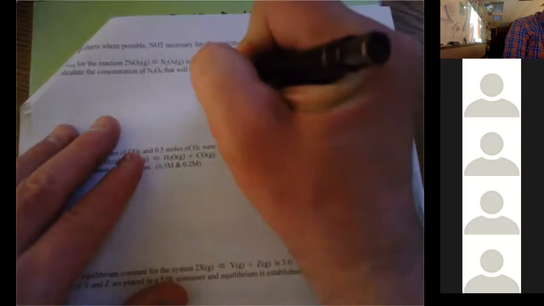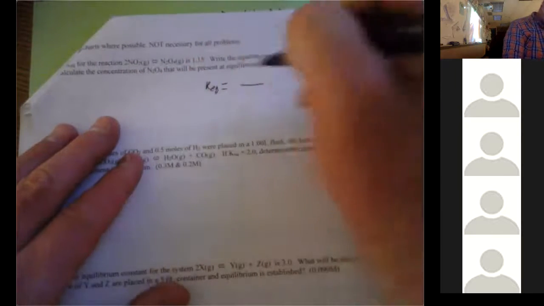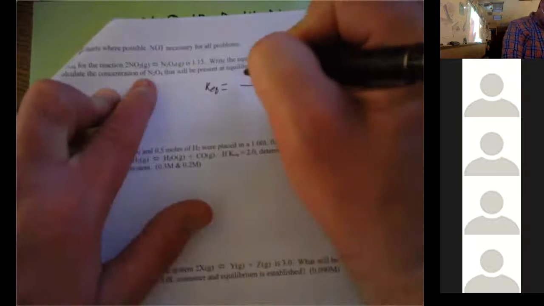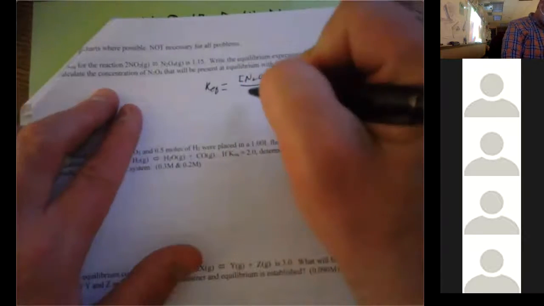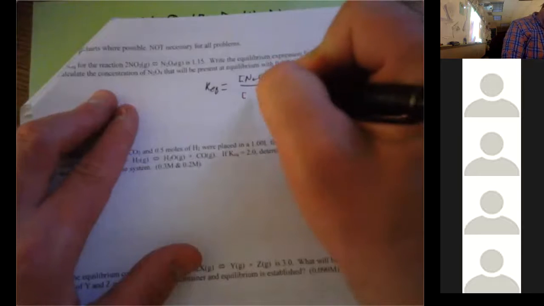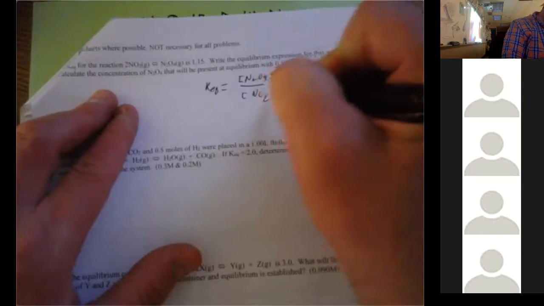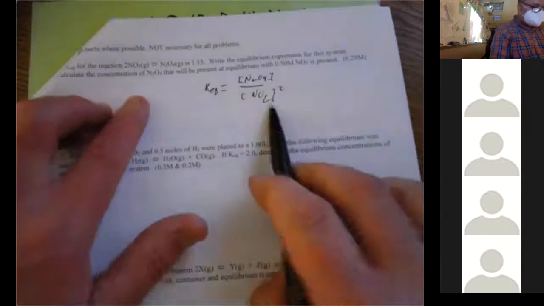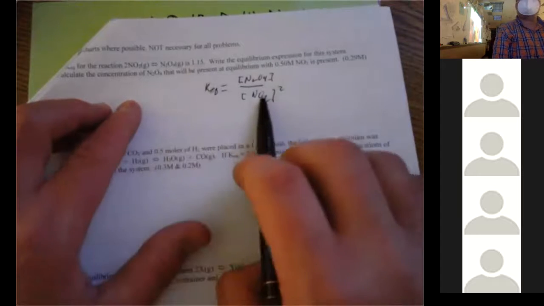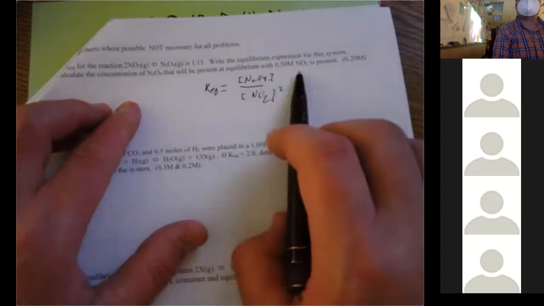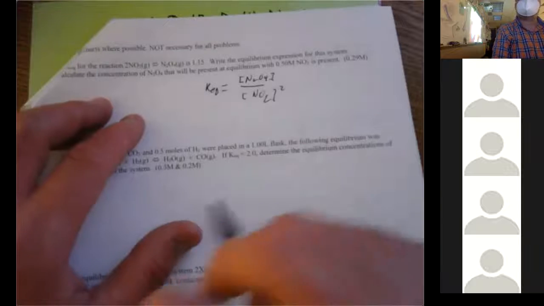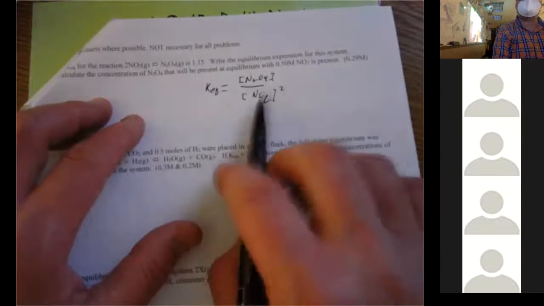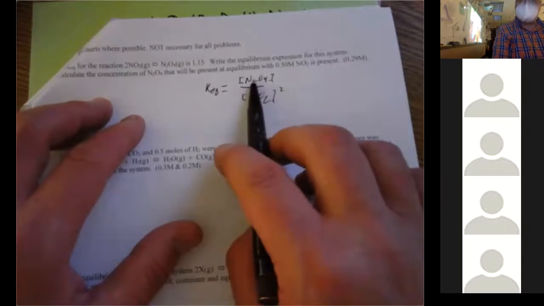That's just going to be the old case of Keq equals the concentration of product N2O4 over the concentration of reactant NO2, and that is squared. So they give us the K and they give us the NO2. Boom, we're done. We just plug in and we can solve for this.